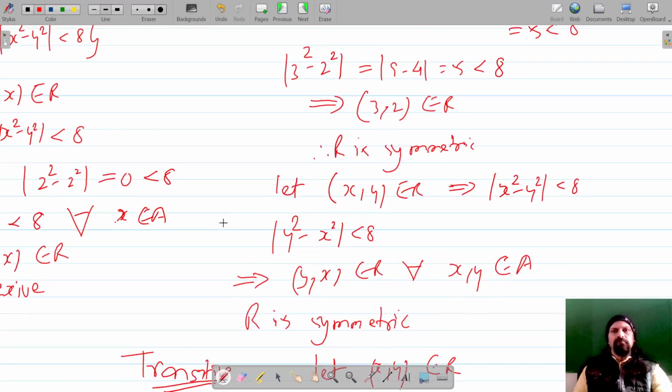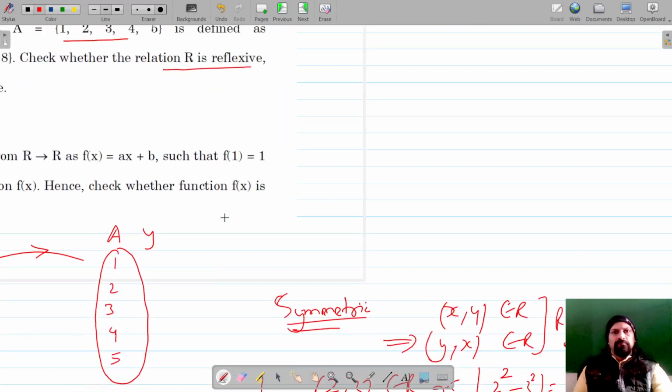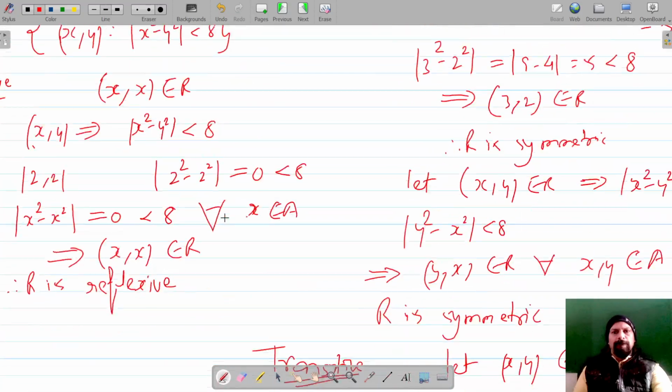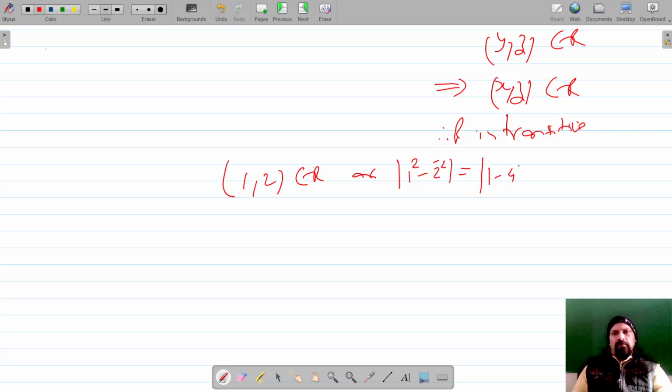Let's say (1, 2) belongs to R, as modulus of 1² − 2² = 1 − 4 = −3, which is 3, which is less than 8.